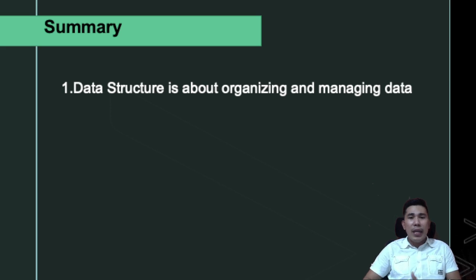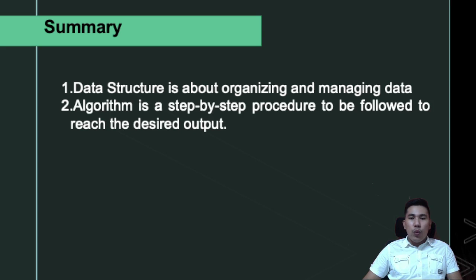So as a summary, a data structure is about organizing and managing data effectively in such a way that we can perform basic operations efficiently, while an algorithm is a step-by-step procedure to be followed to reach the desired output. Secondly, is to understand the data structure in a meaningful way. You also have to consider the understanding of memory allocation and space and time complexity to perform a specific operation on it.